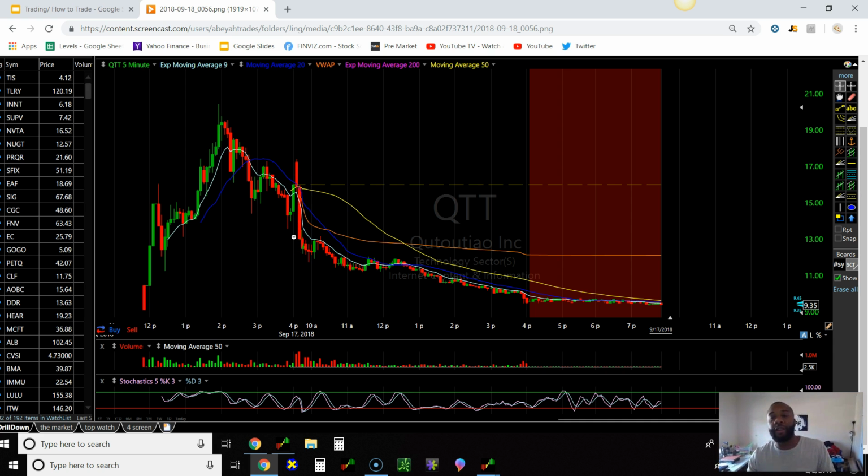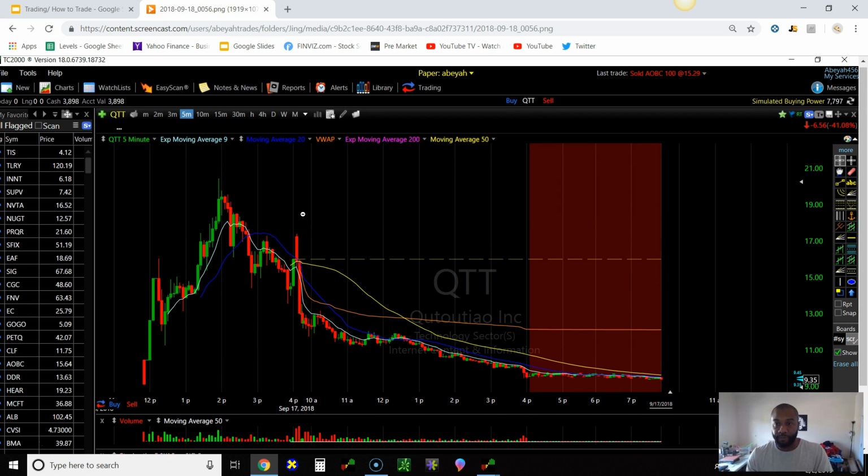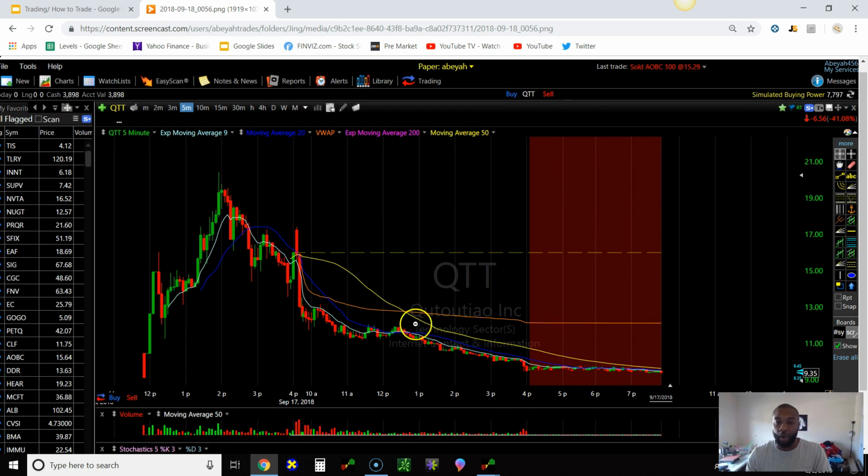This is one of the many examples you will see if you choose to master this setup, this green to red. The stock goes green on the day, then boom, goes red, and just fades all day. This is what you call an all-day fader, because it goes down and never really tries to come up and retest highs. It just downtrends all day.